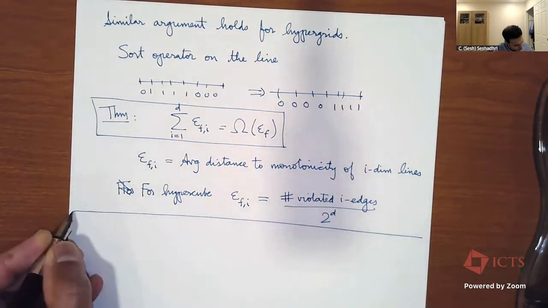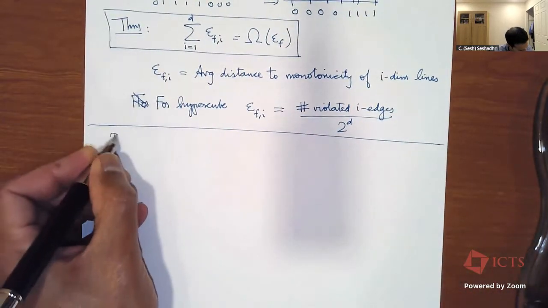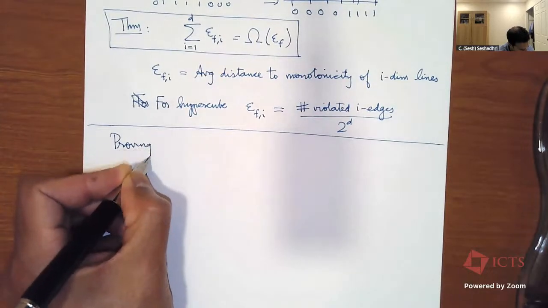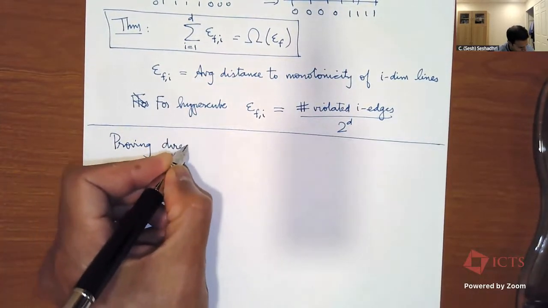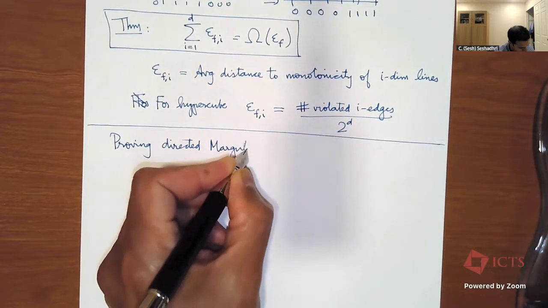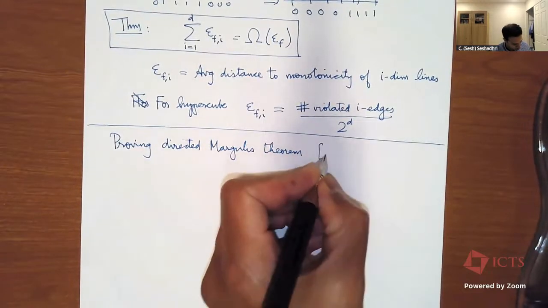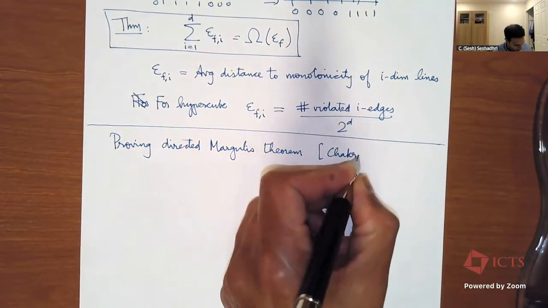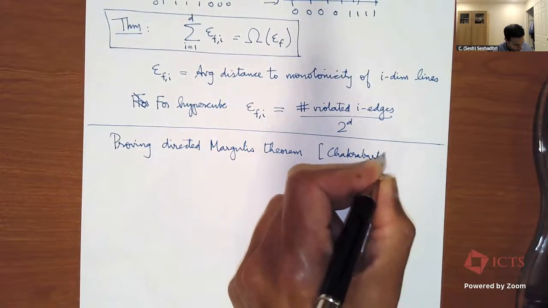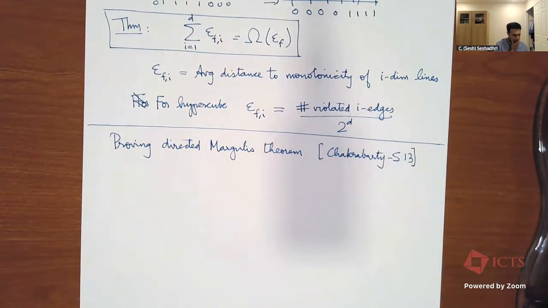What I'll actually go over is proving the directed Margulis theorem. So this is simpler than the Khot-Minzer-Safra proof. I'm going over essentially the proof ideas we had when we got the d to the 7/8 tester.